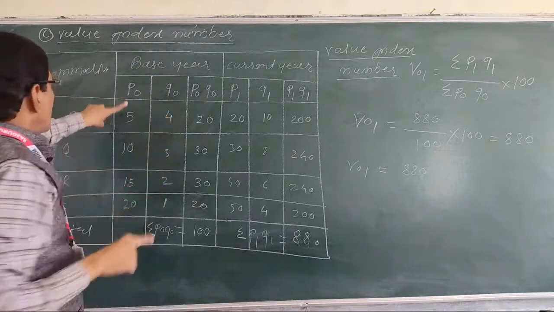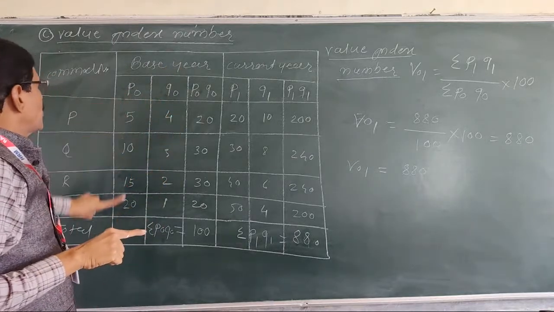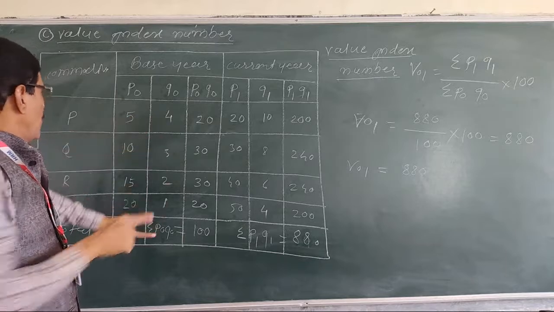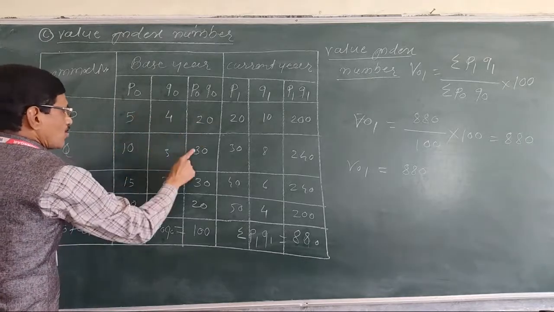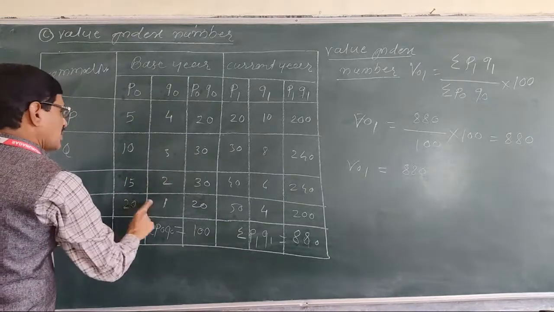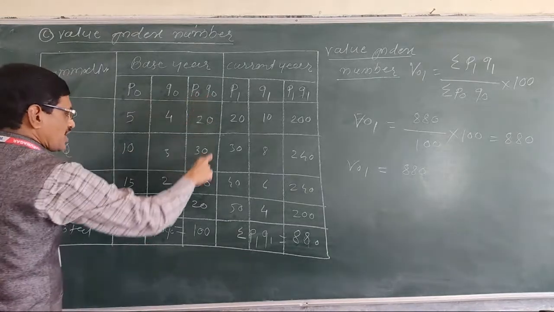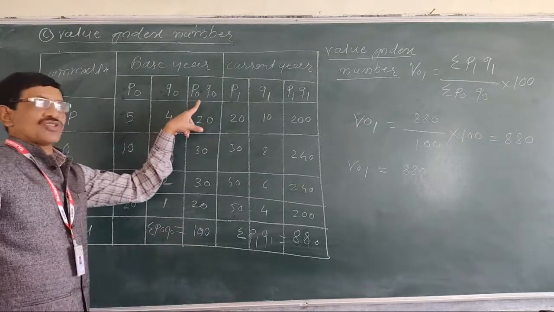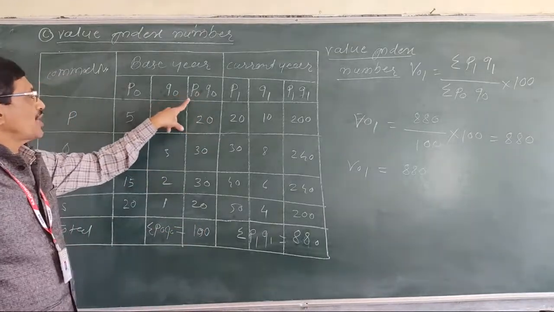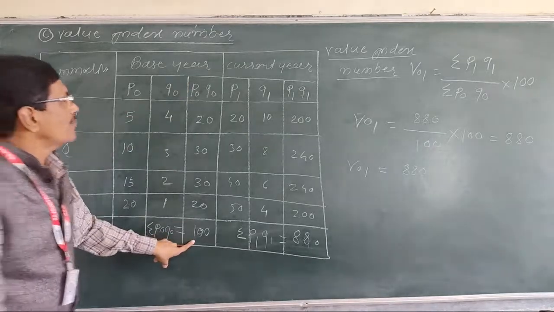Okay, आता 5, 10, 15, 20, 4, 3, 2, 1 याचा आणि याचा आपण गुणाकार केला, याचा आणि याचा गुणाकार केला, याचा आणि याचा गुणाकार केला आणि या P0 Q0 यांची बेरीज इथे घेतलेली. The sum total of prices and quantities is 100.